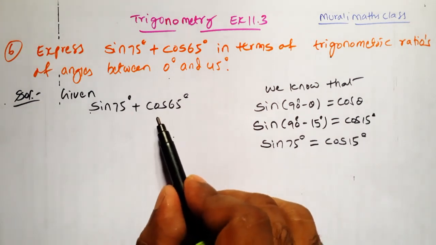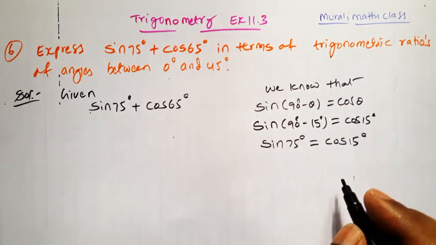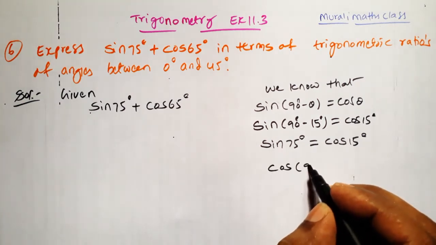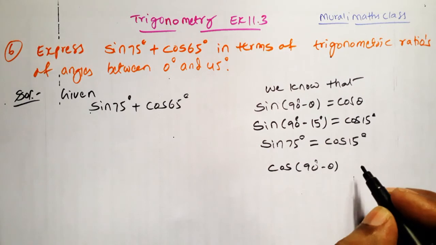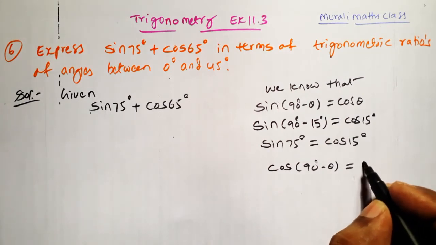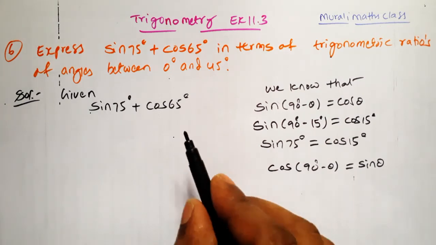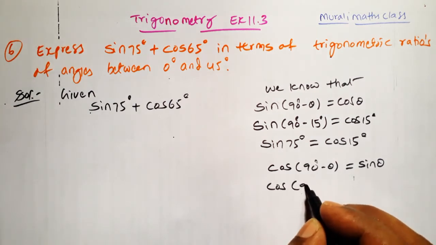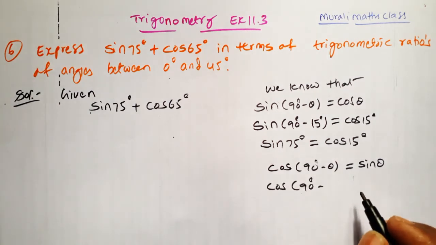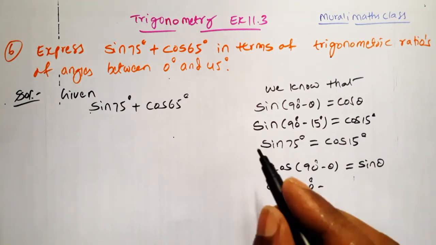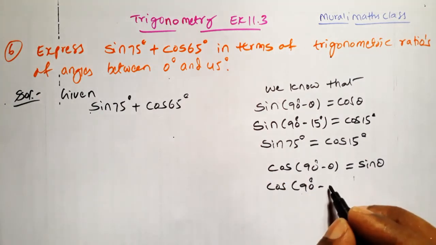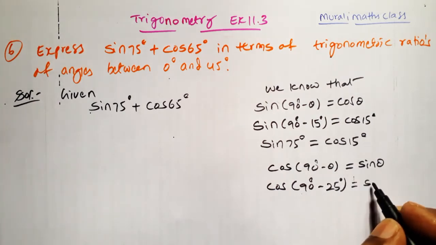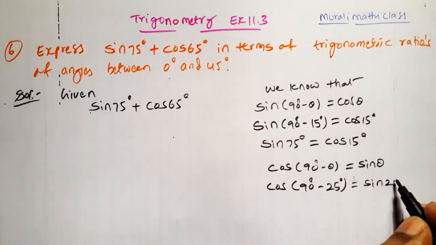In the same way, cos 65 how to get? Cos 90 degrees minus theta, we know that this answer is sine theta. But cos 65 we have now. So theta, how much we have to substitute? 90 minus which angle gives 65? 90 minus 25 degrees equals to sine 25 degrees.